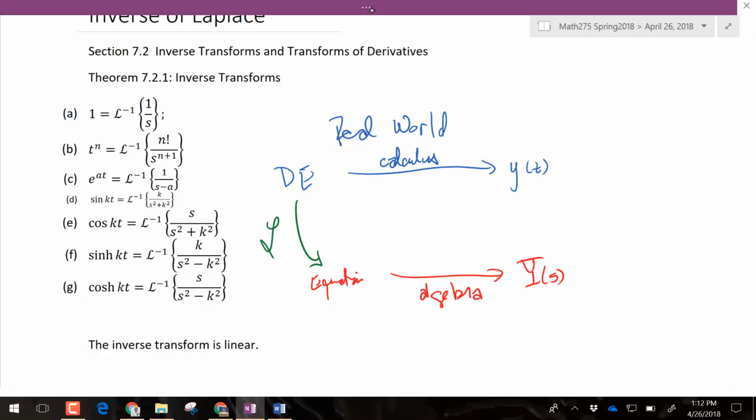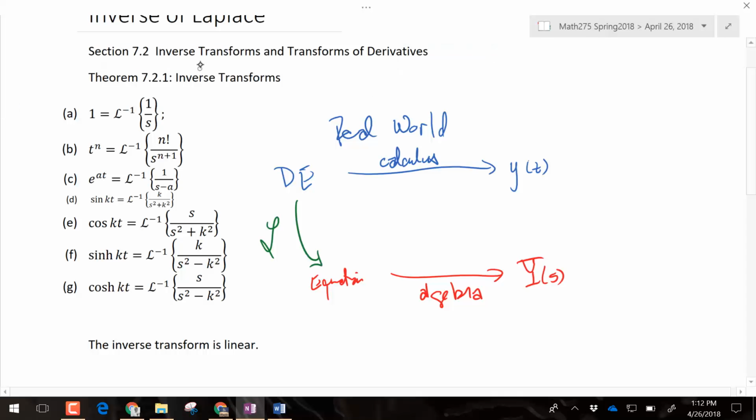But then you have to come back. So sometimes that could be the difficult part, to take the inverse Laplace, come back to the real world, and translate your solution back into little y of t.